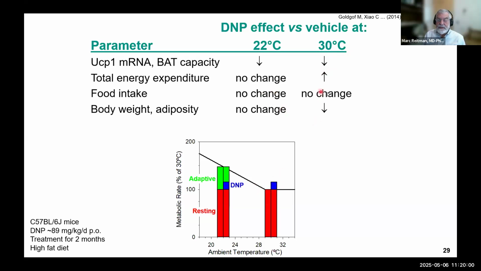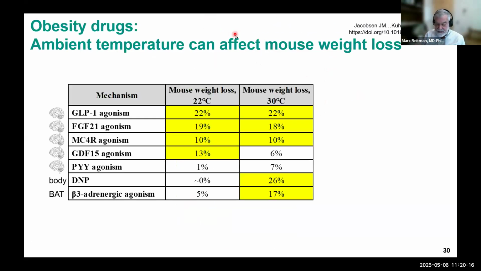For some reason, there was no increase in food intake, which I had expected. Instead, you do see a reduction in body weight. So here you have very different physiology of a peripherally active chemical uncoupler at 22 versus 30 degrees. And I've given you one example, dinitrophenol.